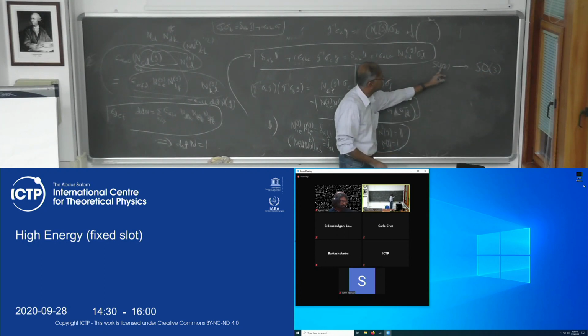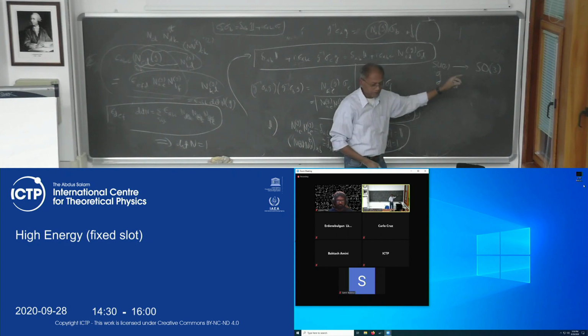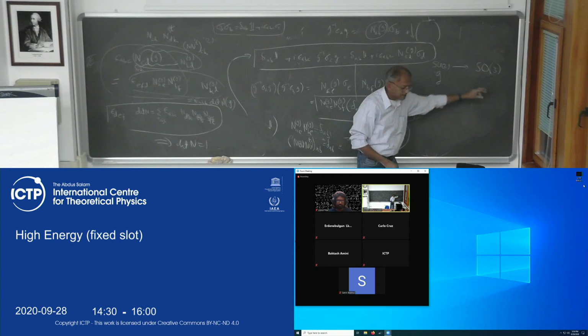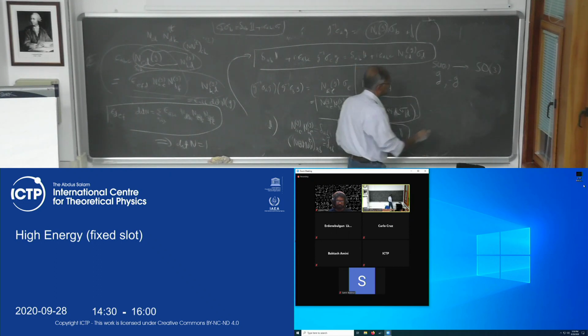Map just means that for every element here, I am associating an element there. But it is not one to one. Two of the elements are mapped the same way, because G and minus G are both mapped to the same N.